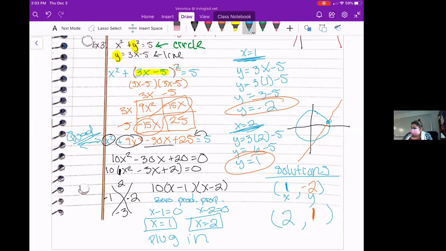And your two solutions would be here and here. So this would be your (1, -2) right there. And then this would be your (2, 1). That is what Desmos would have drawn for you. And I know that because I'm looking at it right here.